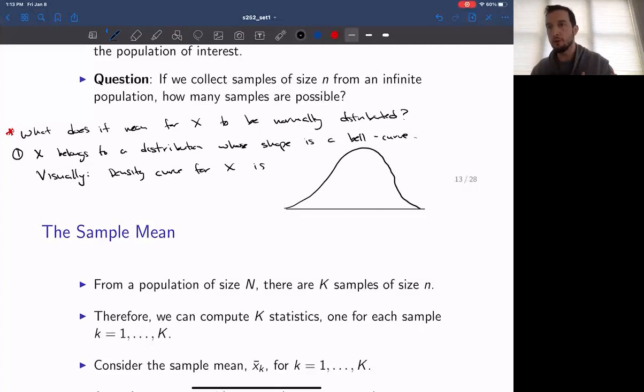So the distribution to which X belongs admits this shape of a density curve. So its density curve is this bell curve.